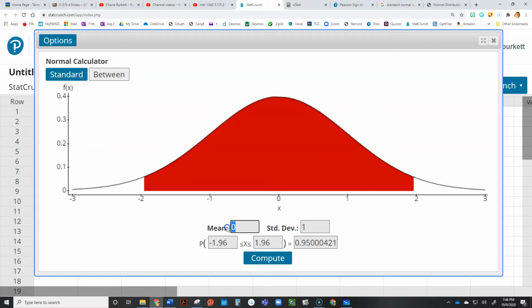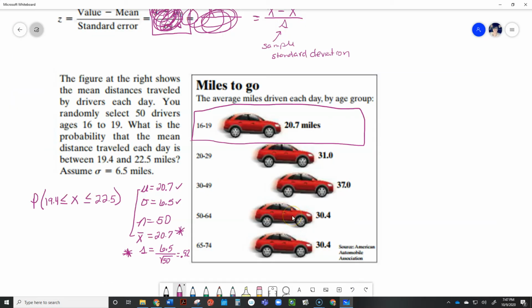We're going to do the mean and the mean of the sample, because we're dealing with the sample. This is why it gets confusing, because it doesn't change. It just says mean and standard deviation. You have to know to change. The mean is 20.7, because the mean of the population and the mean of the sample are the same. It said that in the central limit theorem. So 20.7.